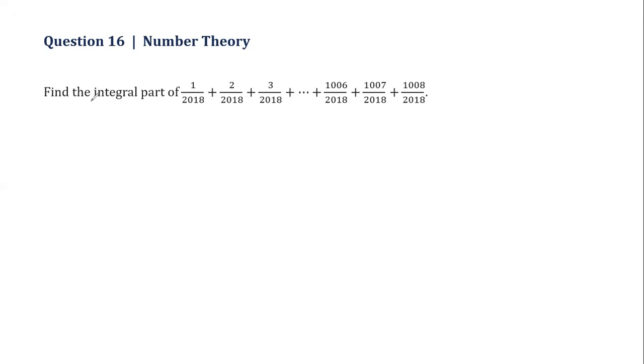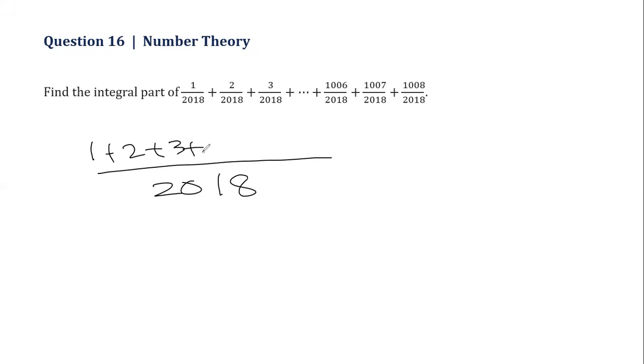Okay, so we can simplify it. We can rewrite this as this. 6 plus 1 and 7 plus 2018. I'm kidding. 1008. So we can already solve this.